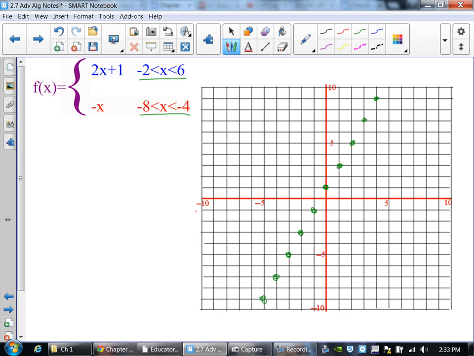I started at my y-intercept of 1, and I walked my slope of 2. From there, I go to my domain restriction. That graph is only valid for values of x between -2 and +6. So I start at my value of -2 for x, and that's the lower boundary. That becomes an open circle because it's a less than. You okay with that?